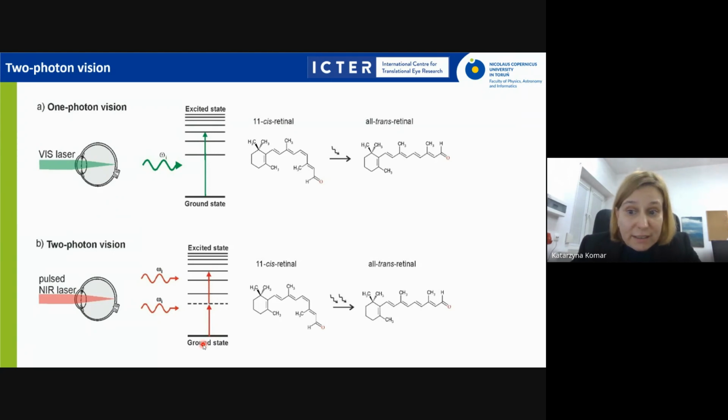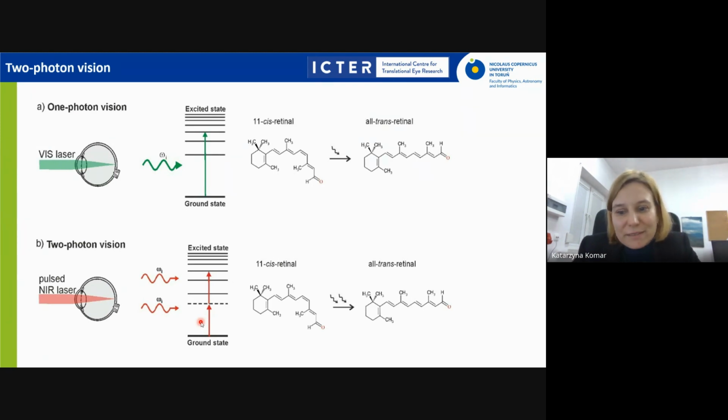It means that basically by using this process, you can use infrared light to excite a molecule to the energy level that under one-photon absorption can be excited by visible or even ultraviolet light. But I said that this process is not very likely. So you need high photon flux. And high photon flux means that the power of the beam is very high.